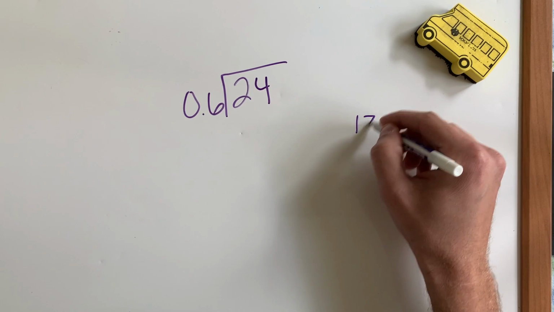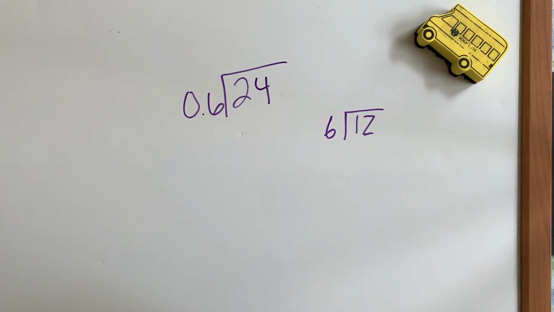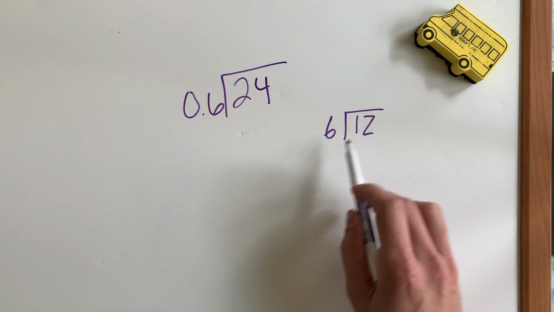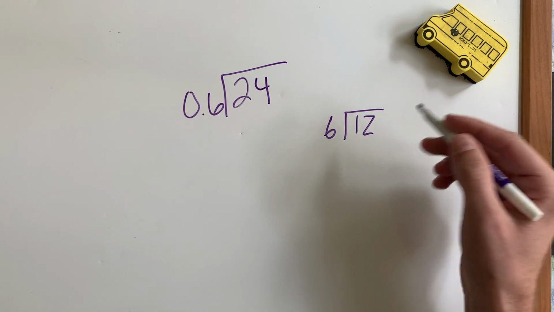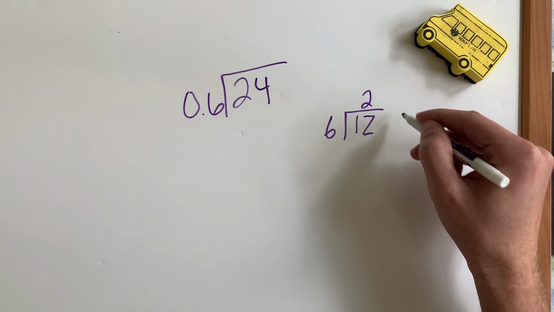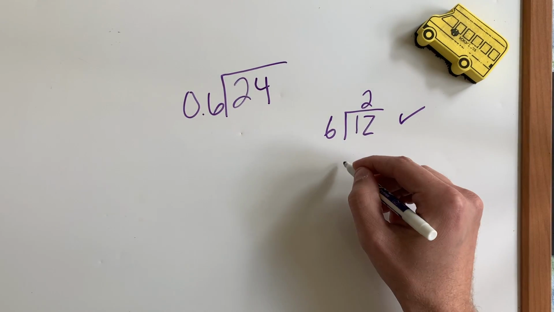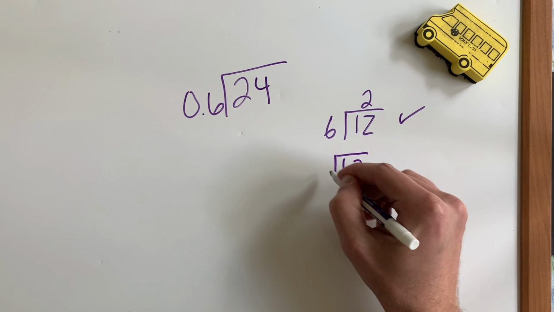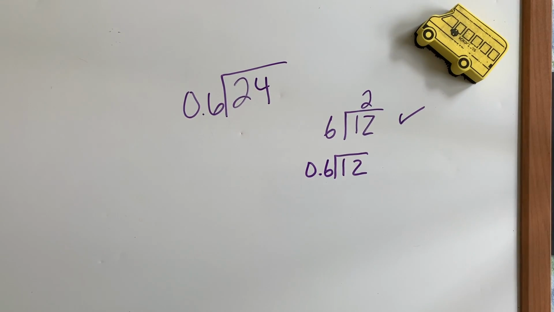If I asked you to do 12 divided by 6, most people can think through that, and they say, you know what, 12 divided into 6 groups, I know that there's 2 in each group. But what if I ask you to divide 12 by 0.6? I'm asking you to take a whole number and to divide it into a partial. And for a lot of people, that doesn't quite make sense in their mind.